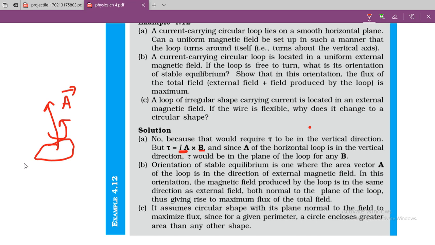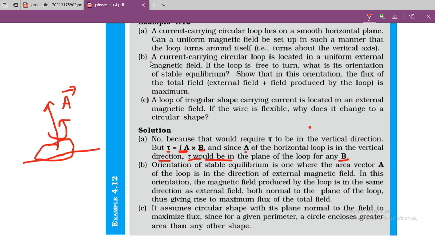Since torque is equal to m cross B and the area vector A of the horizontal loop is in the vertical direction, tau would be in the plane of the loop for any B. So the torque has to be in this plane for any B. Okay, so this is the problem.